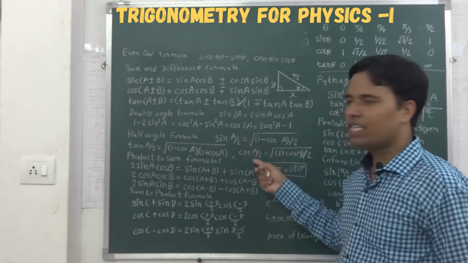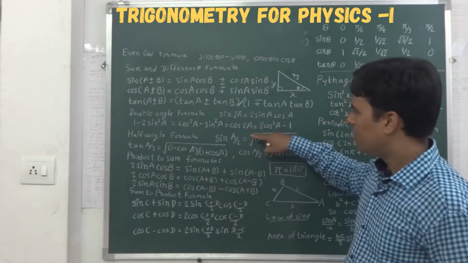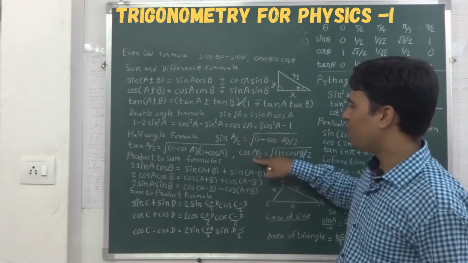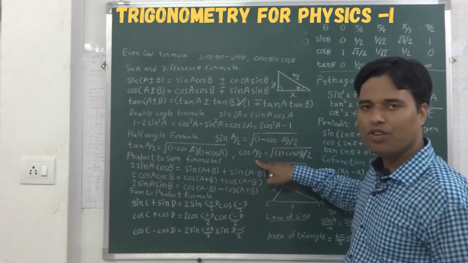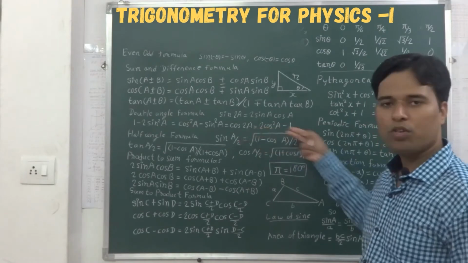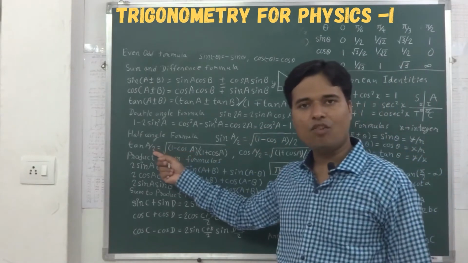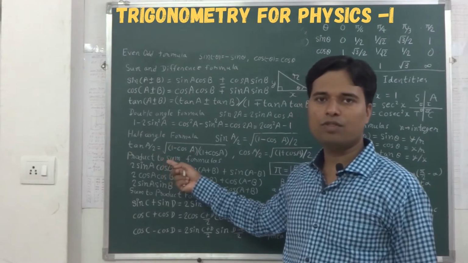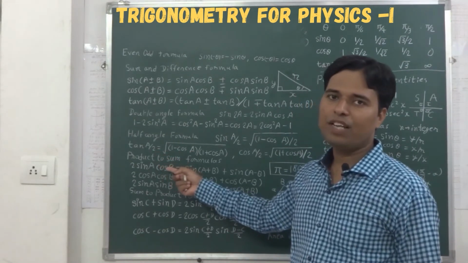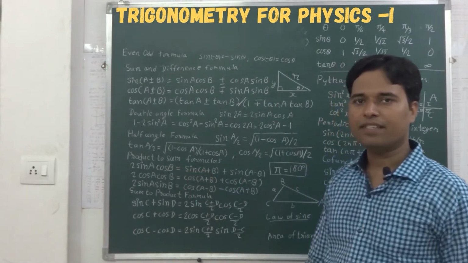Using these two formulas, you can get this function tan of a by 2. Get the ratio of sine of a by 2 and cos of a by 2 on both sides of the equation, and you will get tan of a by 2 is equal to square root of 1 minus cos a upon 1 plus cos a.